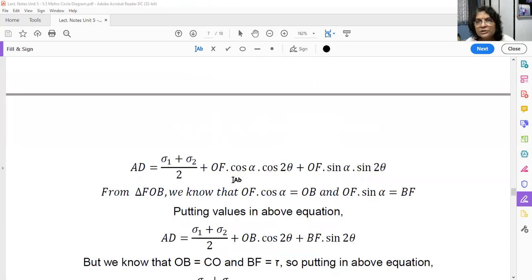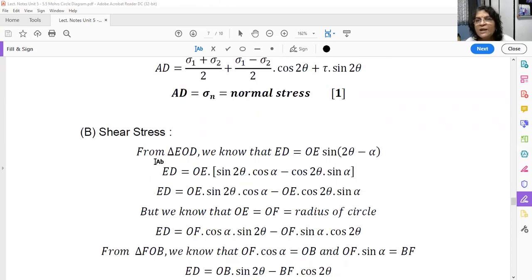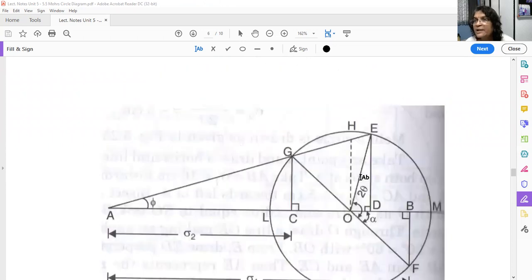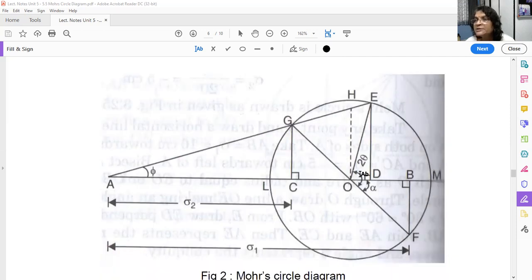So now shear stress. So from triangle EOD, we know that ED is equal to OE sine 2 theta minus alpha. Now we have to find out ED, no? Okay, what is ED? It is a shear stress acting on the inclined plane. See, this ED you have to find out now. Okay, so how will you find out? How will you define ED? See, consider again this triangle ODE.